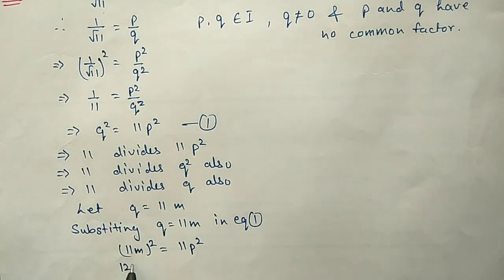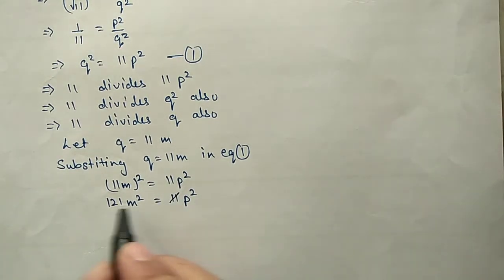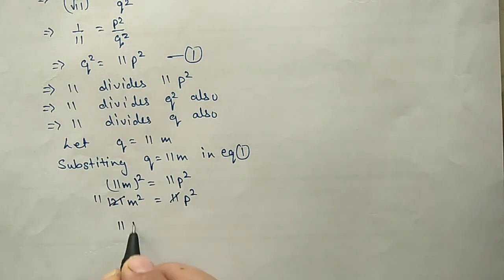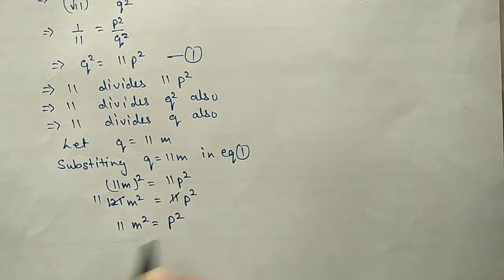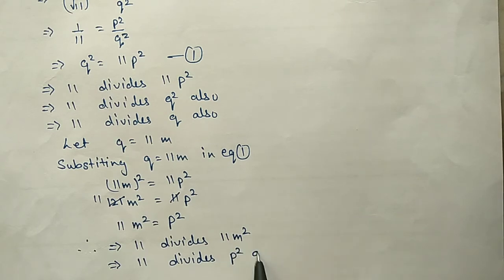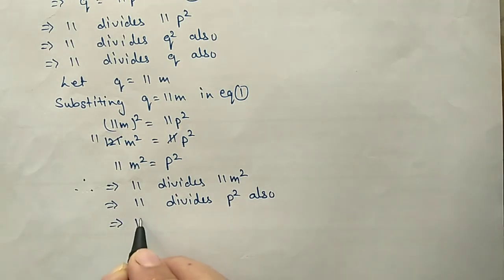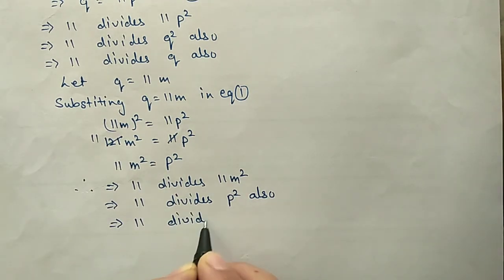So (11m) square means 121 m square equal to 11 p square. 11 we can shift this side and it will cancel 121 11 times. So we will get 11m square equal to p square. Therefore 11 divides 11m square. So 11 will divide p square also, because both the sides are same. Or we can write 11 divides p also.